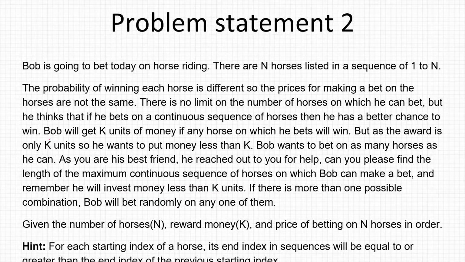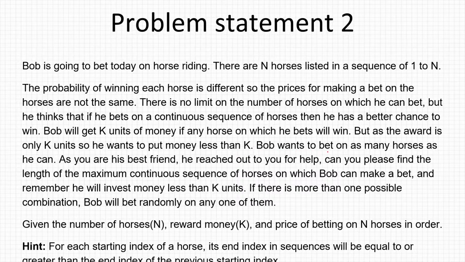Bob will get K units of money if any horse on which he bets wins the race. But as the reward is only K units, he wants to put in money less than K. Nobody wants to risk, right? So he wants to put in money that is less than K, the highest price that they will win for a bet.